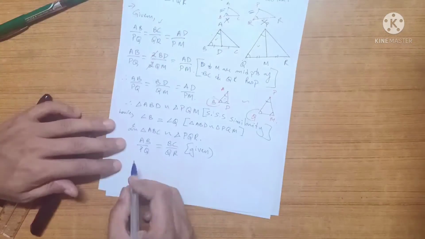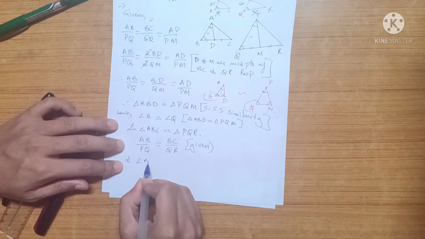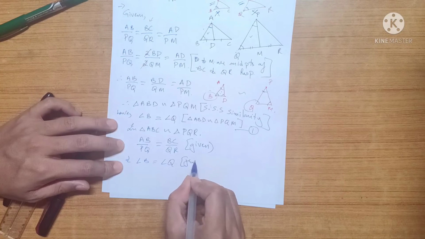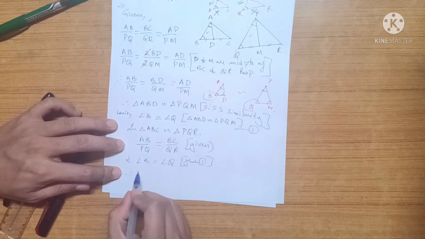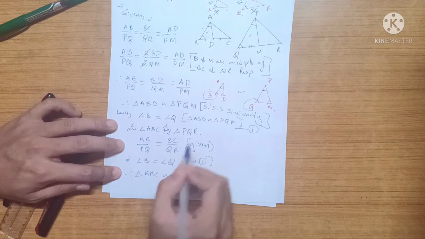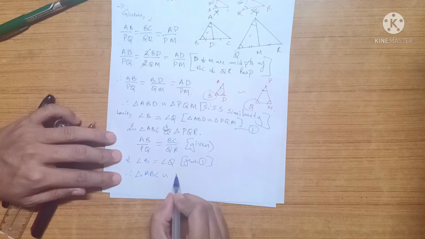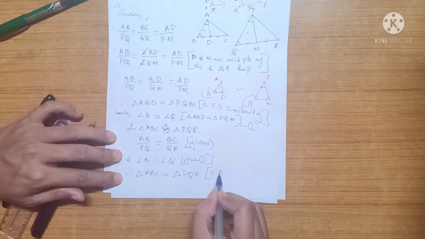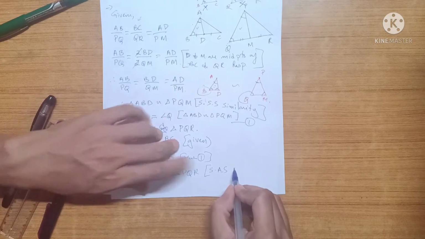Side, angle, side, right? And angle B equal to angle Q. We can keep this as equation 1. Therefore triangle ABC is similar to triangle PQR by what? SAS similarity.